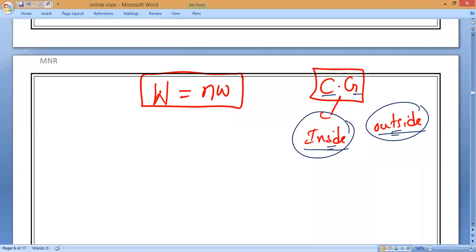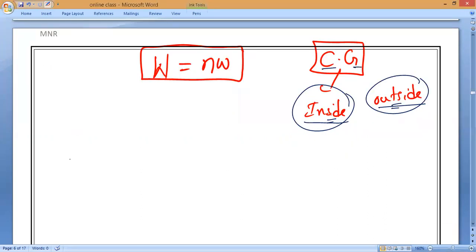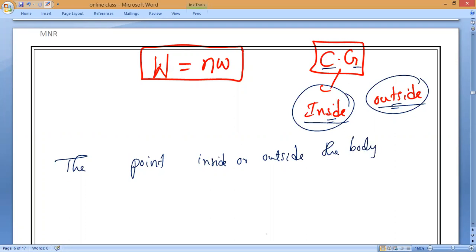Right. The point inside or outside the body, where this resultant weight acts.